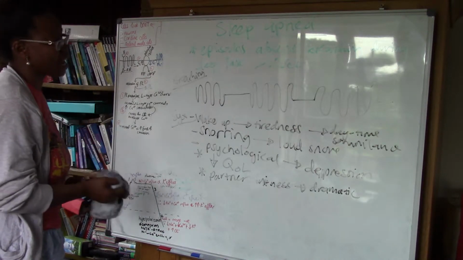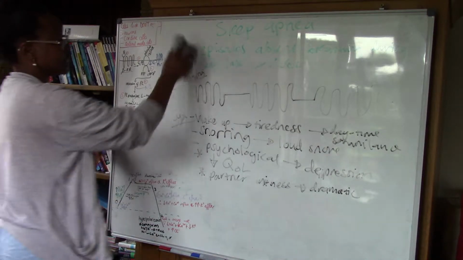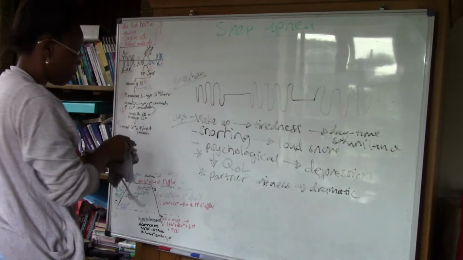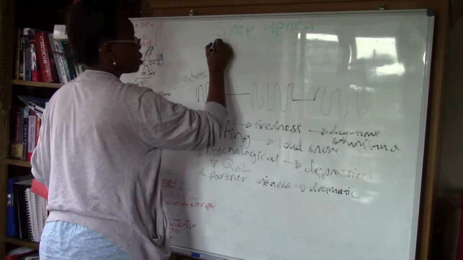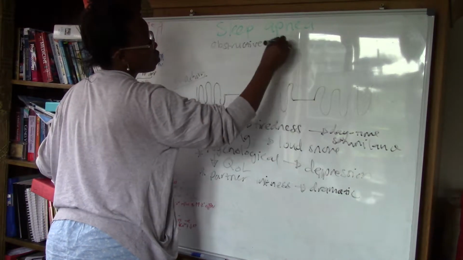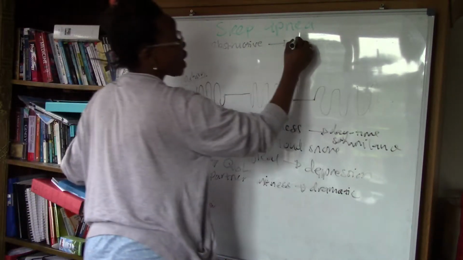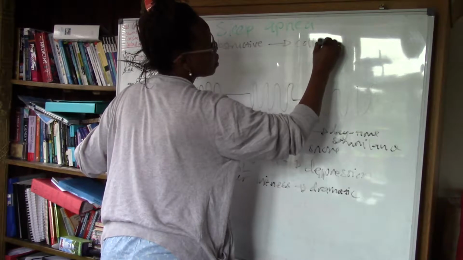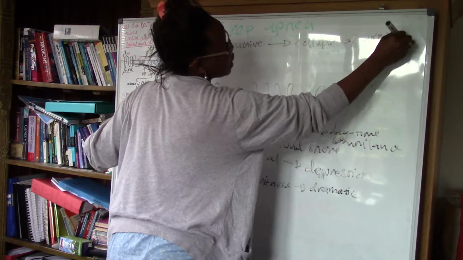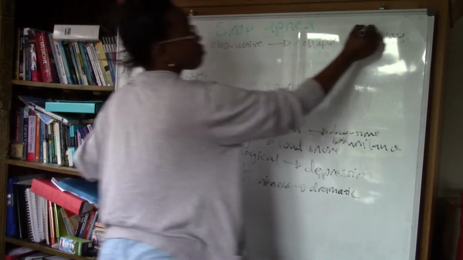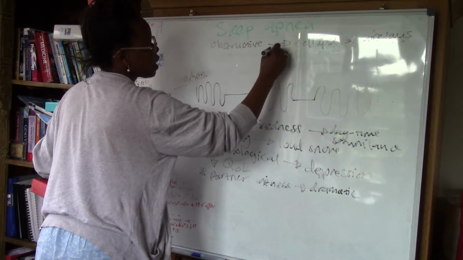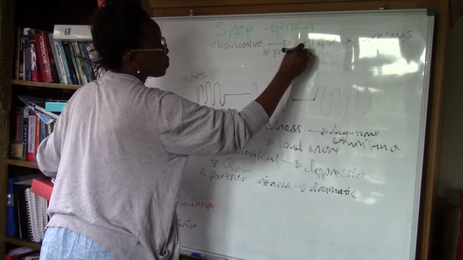So the underlying pathology in sleep apnea, it can be obstructive sleep apnea, which really results from a collapse of the airways. And in terms of collapsing of the airways, I'm specifically referring to the pharynx.